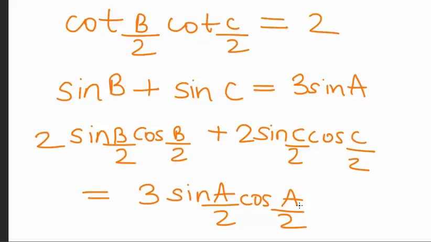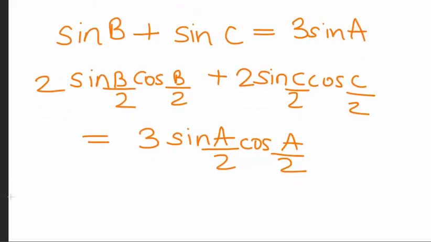Let's simplify now. Just by hit and trial, like we have done in the previous problems, we are somehow going to convert these two terms into a single term, then cancel stuff from both sides and finally get the answer in simplified form. So let's see what we can do.